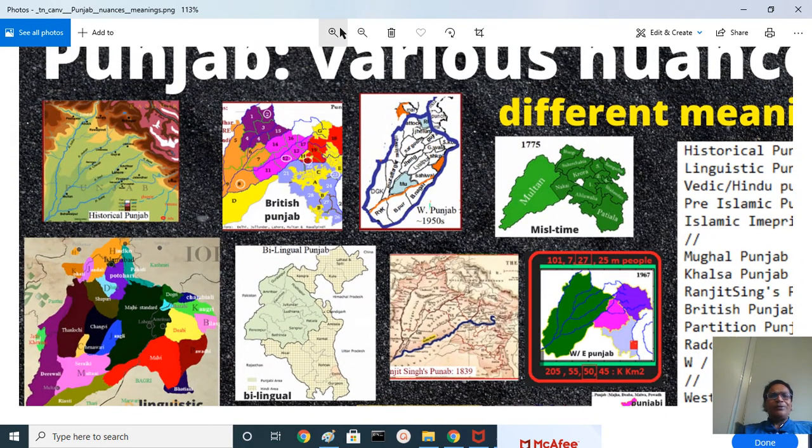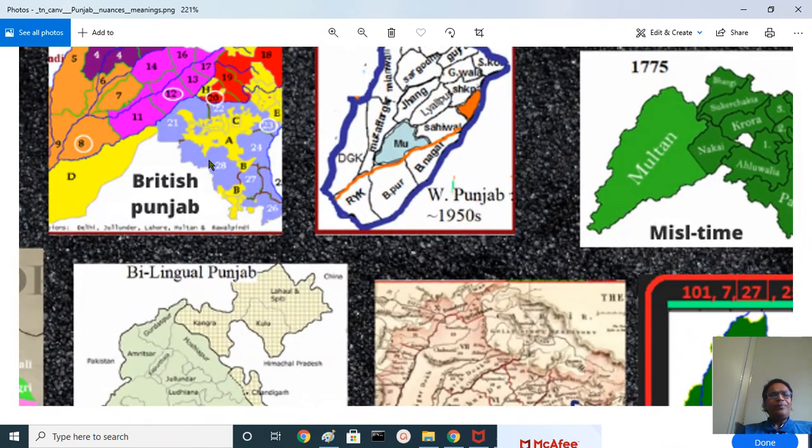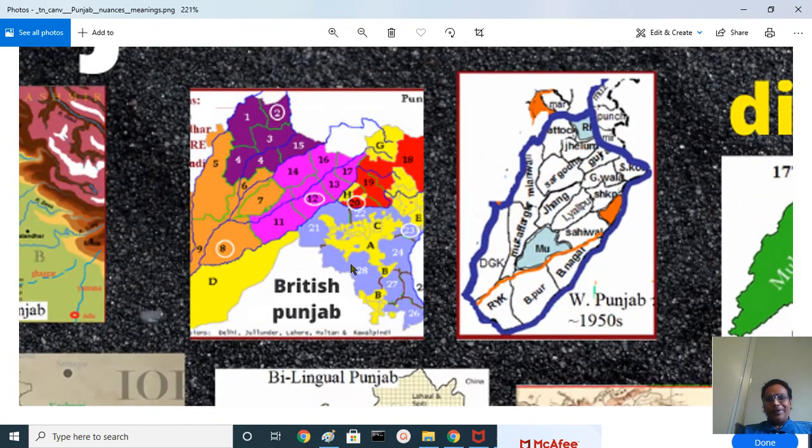This is the British Punjab. British Punjab is a political entity within the overall British presidencies, provinces, and various princely states, and survived from 1849 annexation to 1947, nearly 100 years. It succeeded Ranjit Singh's Khalsa Raj or Sikh Kingdom or Sikh Empire.